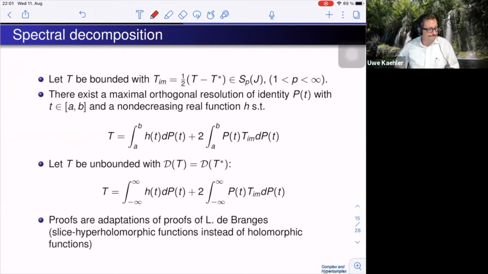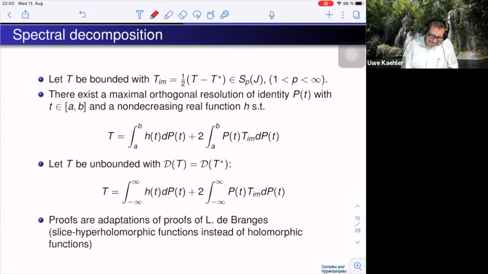spectral decomposition. The idea behind that one is, of course, we have a bounded operator, and we want the imaginary part to be in one of the Schatten classes. If that is the case, then we can prove that there exists a maximal orthogonal combination, a resolution of the identity, and a non-decreasing real function H, so that T can be decomposed in such a way.